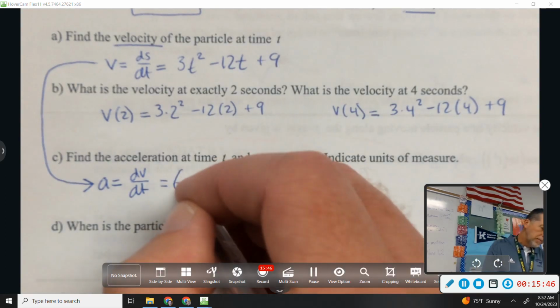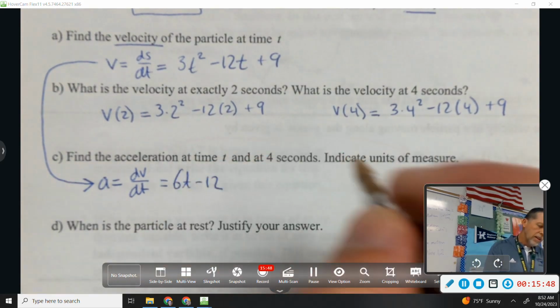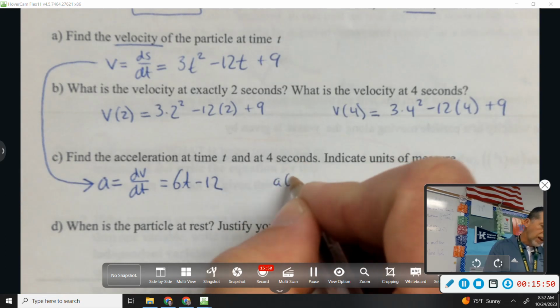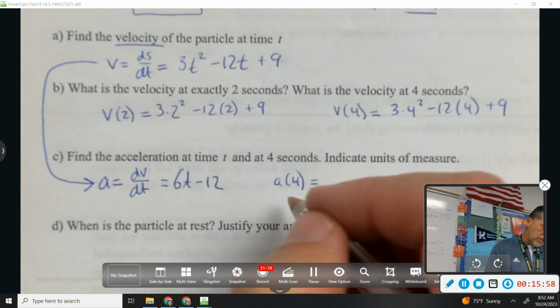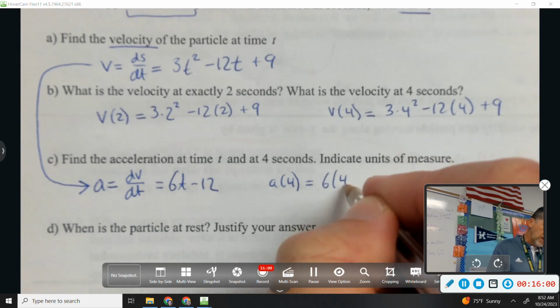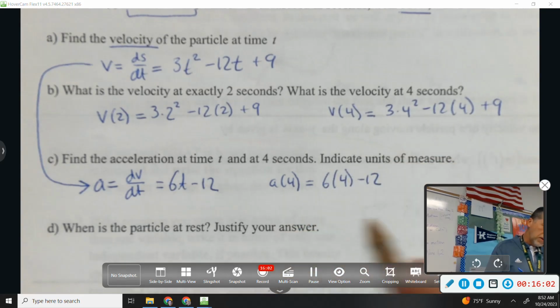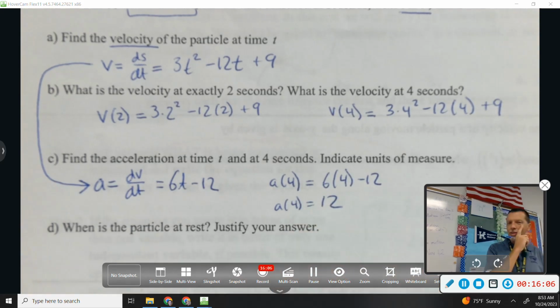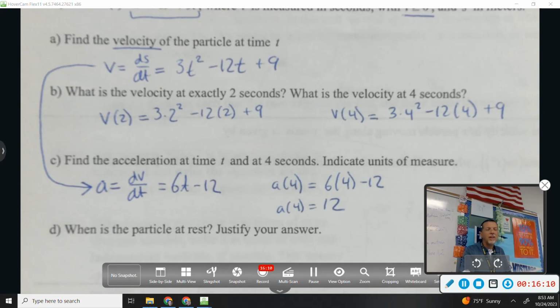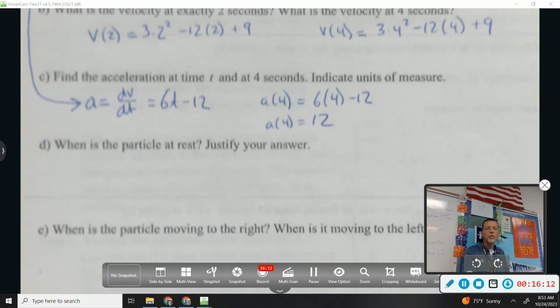Good. And then at 4 seconds means plug 4 into acceleration. Be careful, now we got 3 equations working with here. So be careful when it's time to plug something in. Make sure you put it in the right spot. 24 minus 12, I'll do that one. I mean, I could have safe stopped it, but I can handle 24 minus 12.